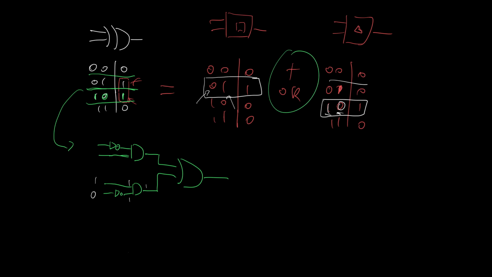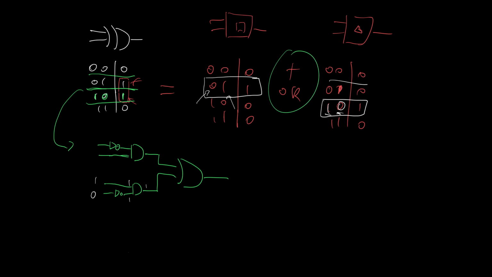Down here this goes through into an AND gate while this one gets inverted, and then these two go through to an OR gate. And here we have it. We have created, using only AND, OR and NOT gates, an exclusive OR, but this process will work with anything.